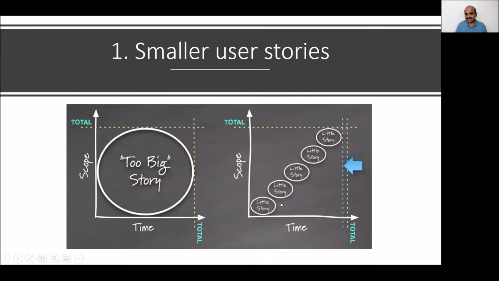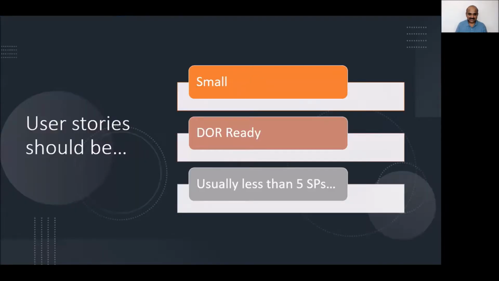Little user stories make a bigger velocity at the end of the sprint. So with no effort from the development team, just by stepping up and saying we want bigger stories to be split into smaller ones, our productivity is increasing. Yeah, this is one thing.